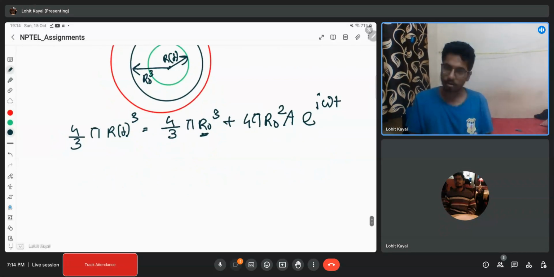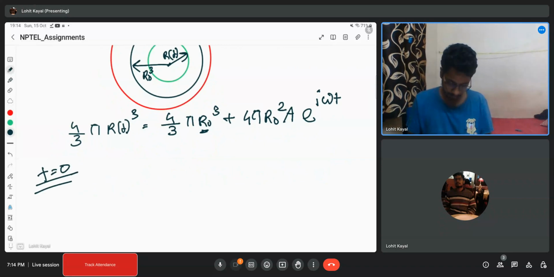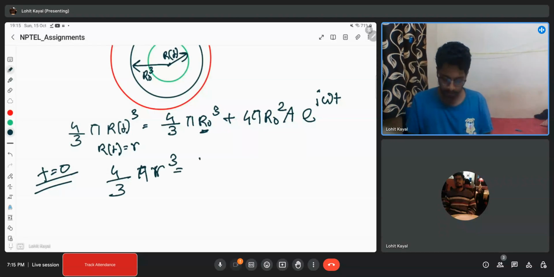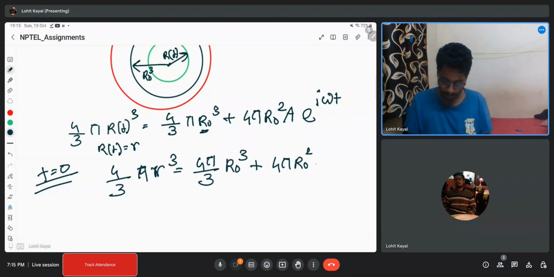Okay, this is not the initial radius. Now at t equal to 0, I am assuming at t equal to 0, R(t) is equal to r. 4 pi by 3 small r cube equal to 4 pi by 3 r naught cube plus 4 pi r naught square into a.